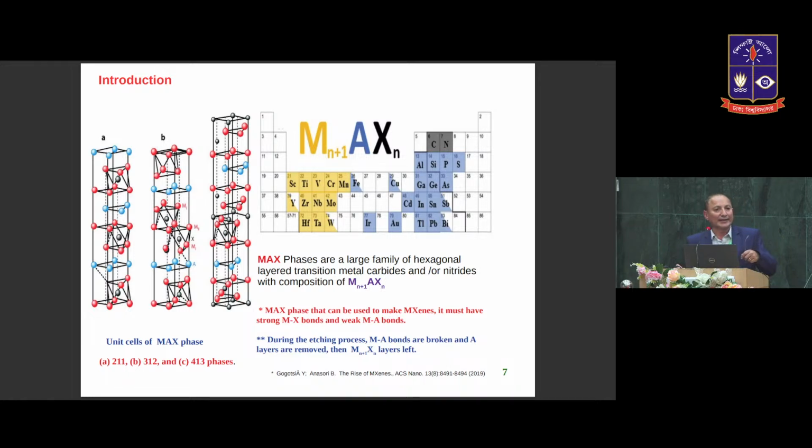So when we etch, the A layer can easily be removed. When we remove the A from M(n+1)AX(n), it becomes M(n+1)X(n), which is called MXene.